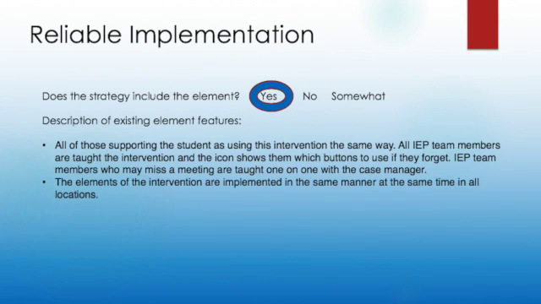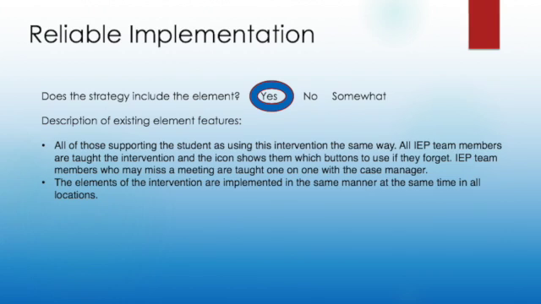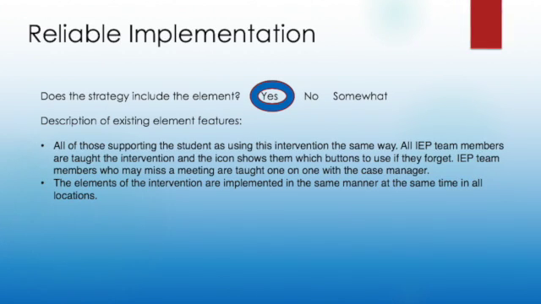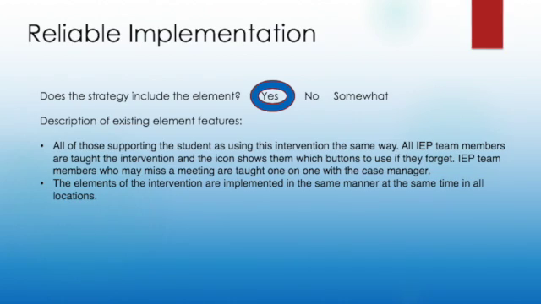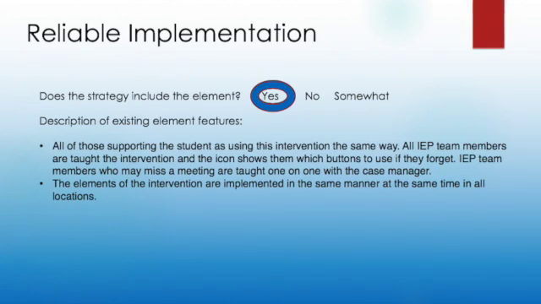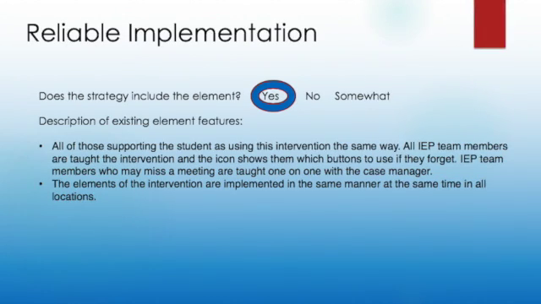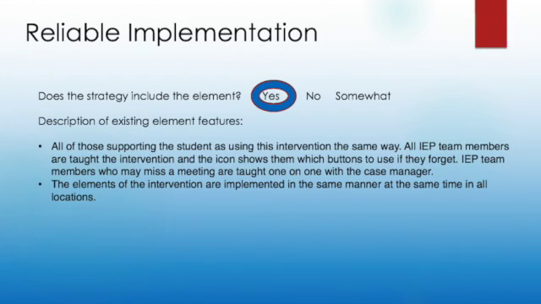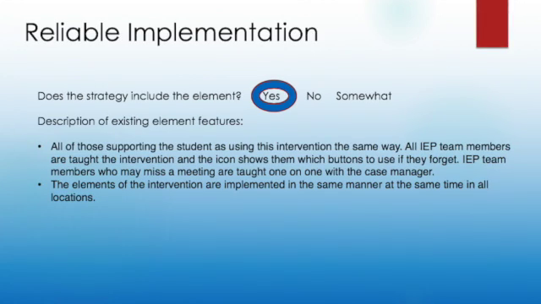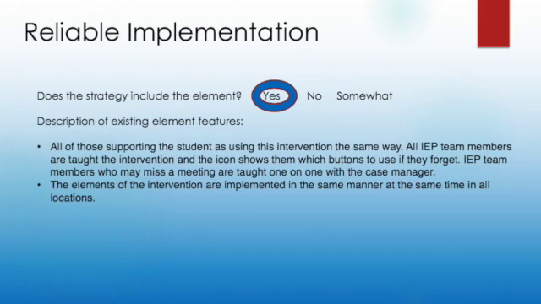The next part of the SART is reliable implementation. The strategy does include this element because all of those supporting the student as he's using this intervention for his auditory reading are using it in the same way. All IEP team members are taught the intervention, and the icon shows which buttons to push if they forget, with the option plus escape.